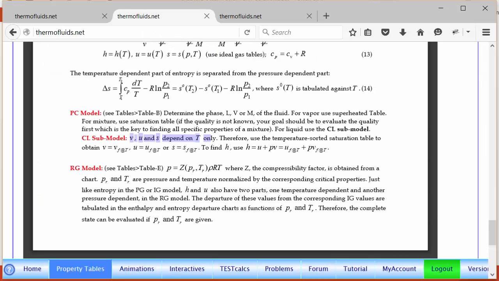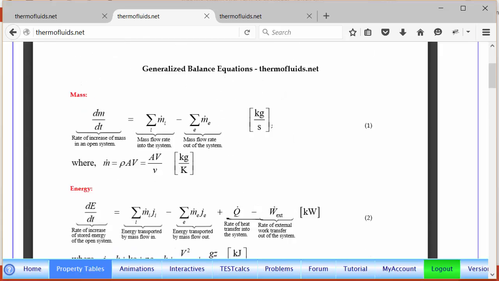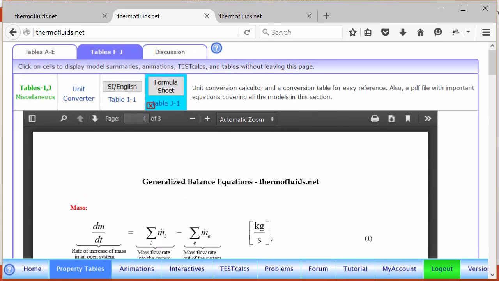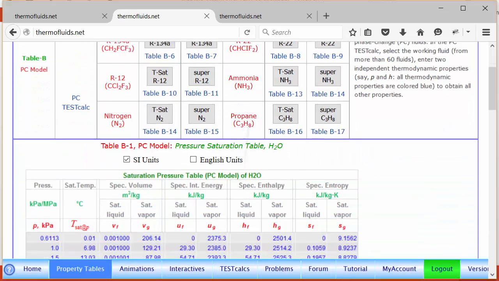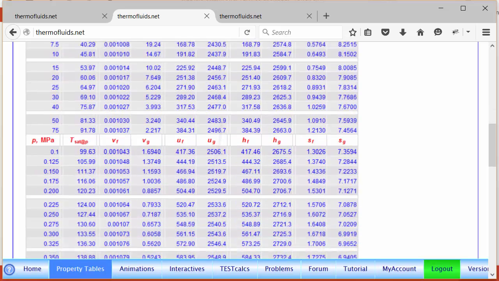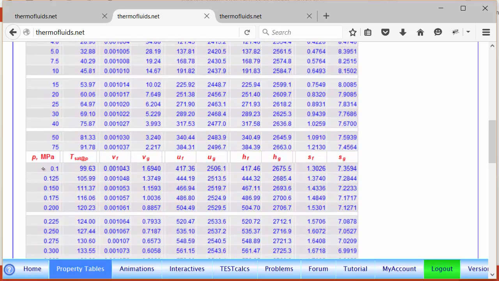So we can go back to the table. Remember, at state 3, we had saturated state at 100 kPa, so the temperature was 99.63 and VF is 0.001043.